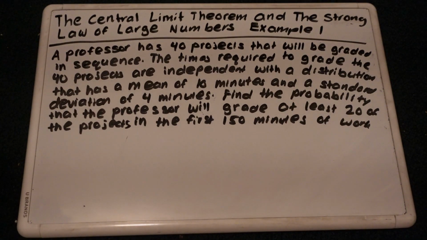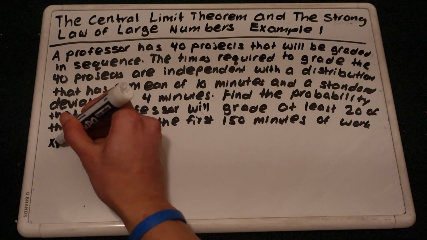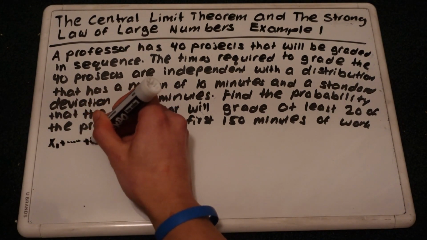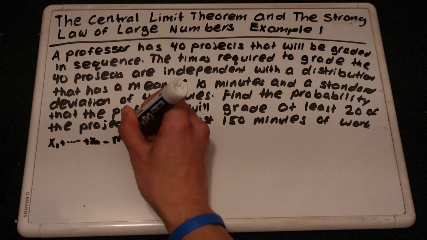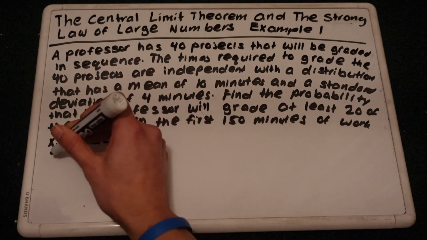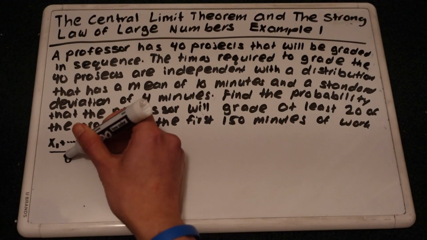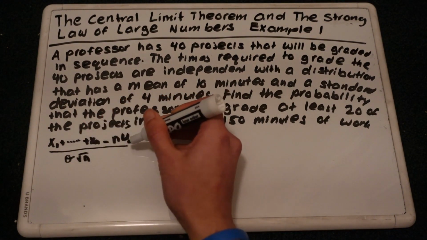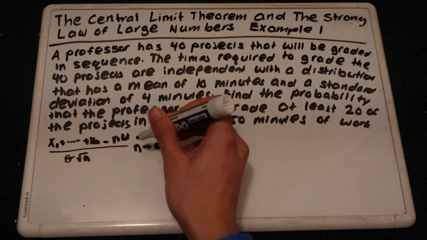So let me write down the formula for the central limit theorem. We would denote (X1 plus all the way to Xn minus n mu) over (standard deviation times square root of n) as n approaches infinity.